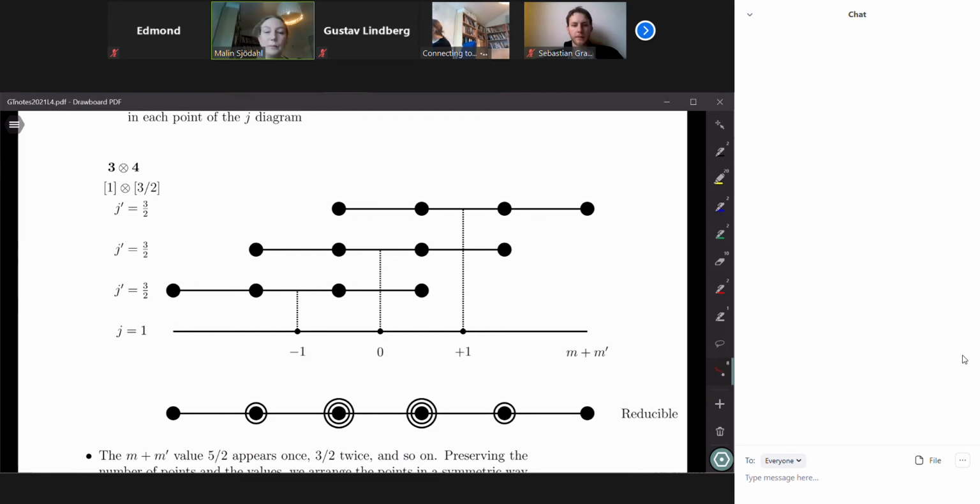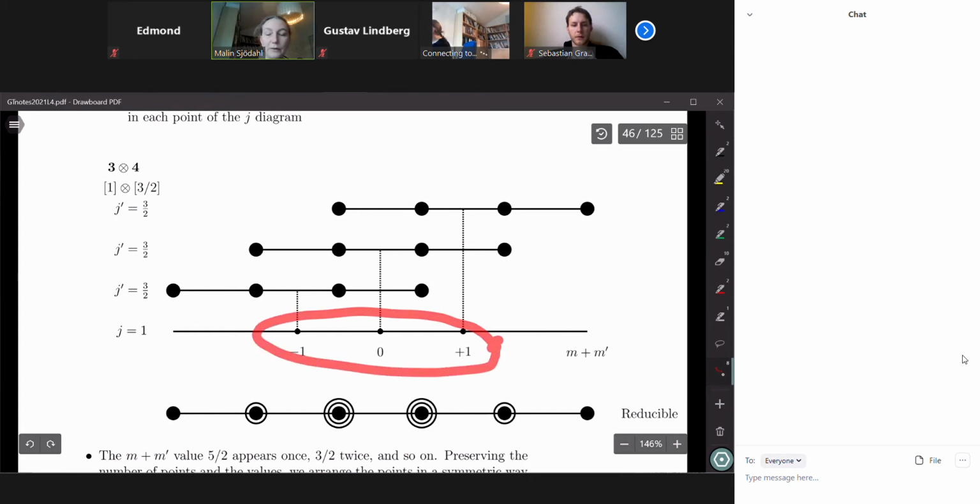So we start by drawing one of the multiplets and the JZ value, so some M for one of the multiplets and M prime for the other. And we start with drawing it for one of them. So say that this is the values that we have for M for one of the multiplets. So it can be +1, it can be 0, and it can be -1. So that is represented by these 3 dots here.